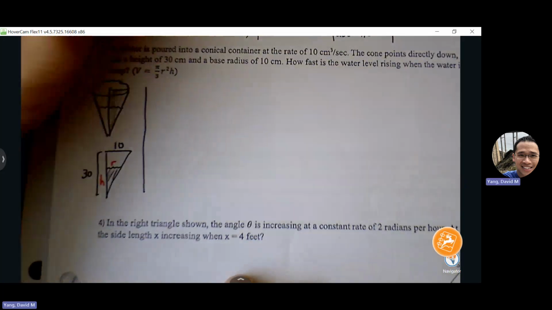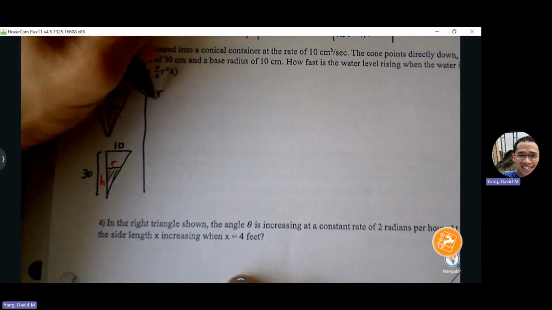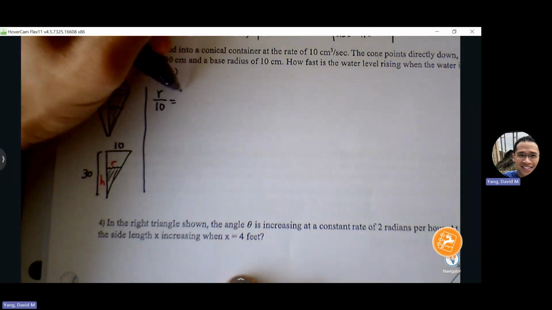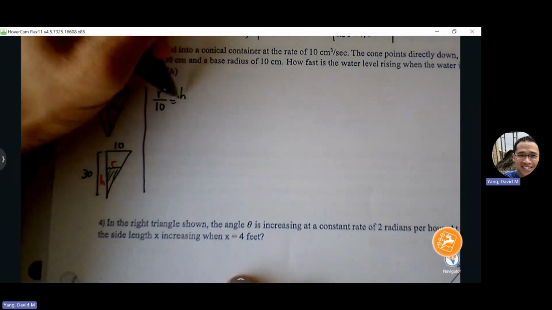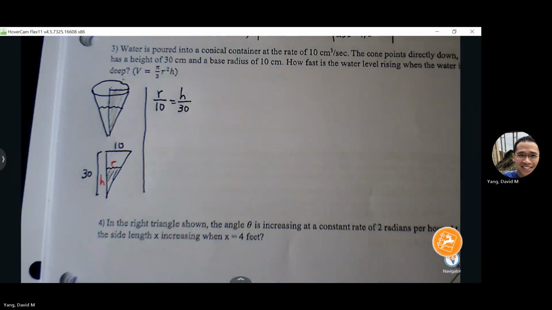Okay, so we can say the radius of the water level is to the radius of the tank as the height of the water level is to the height of the tank. So now we've built a relationship between the two variables, and this allows us to solve for one in terms of the other.